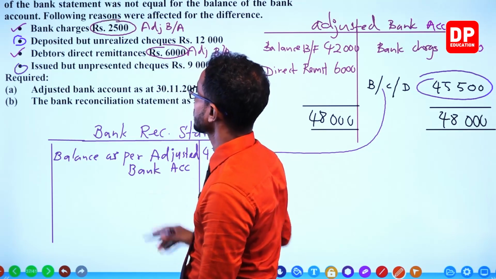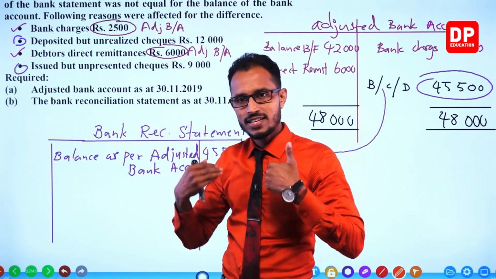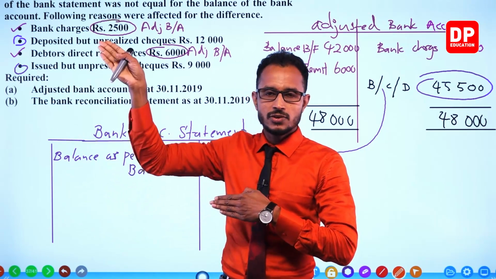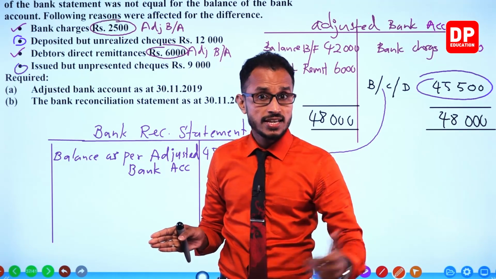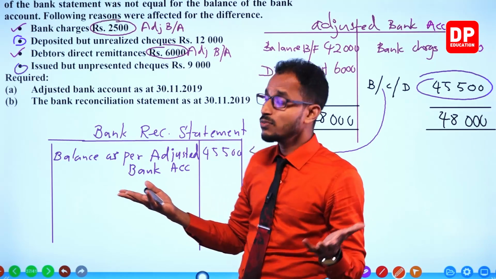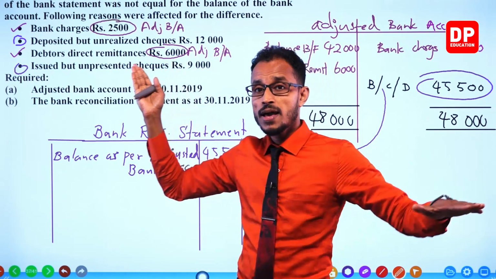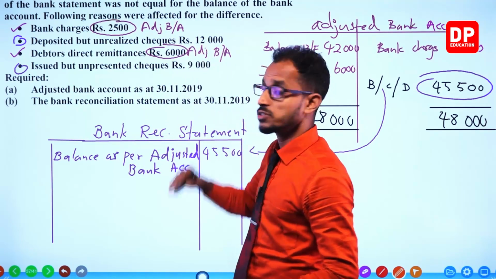Deposited but unrealized checks. We have deposited. When we deposit, we know that our bank money is going to increase. So we record as an increase in our bank account. But they are not realized. They are not gone to the bank. So bank balance has not yet added these 12,000 of checks.